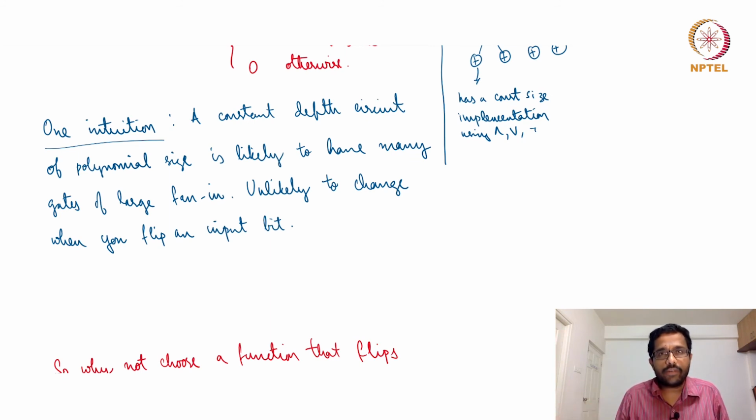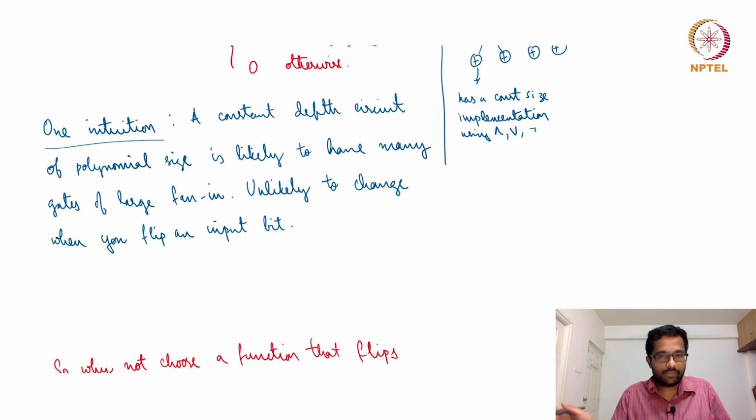But recall that we only have OR, NOT and AND gates, so OR gates and AND gates are the ones that can have huge fan-in. If you have a huge fan-in OR gate, even one input being 1 fixes the output to be 1, so the other inputs flipping doesn't really change things.